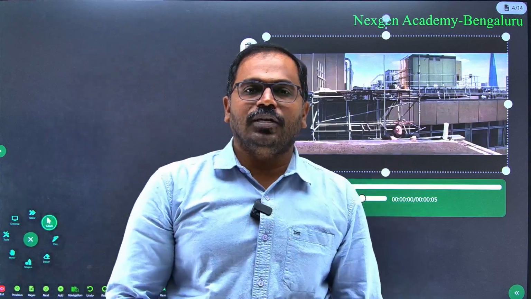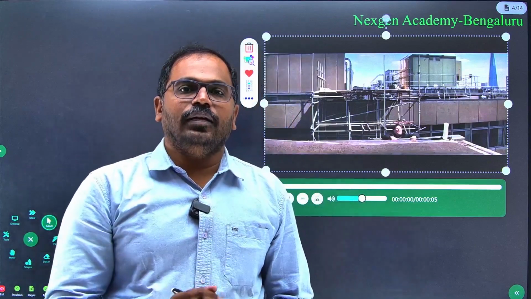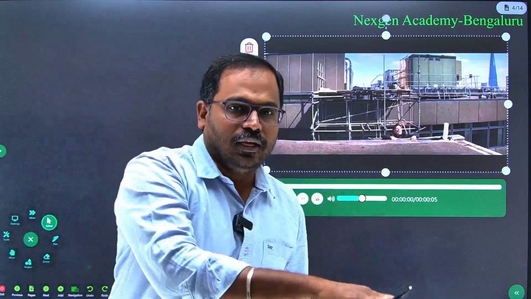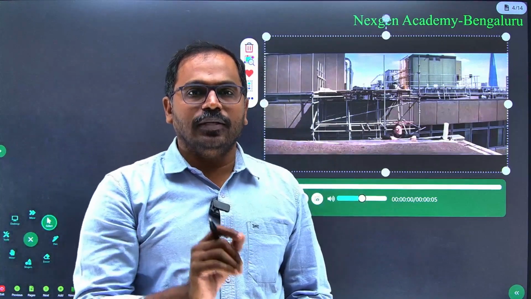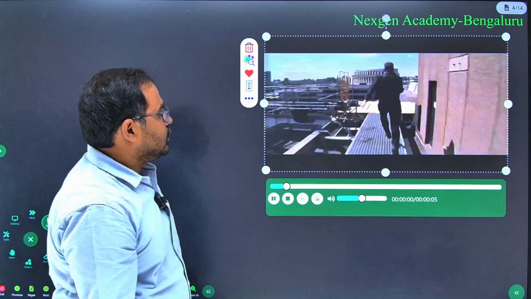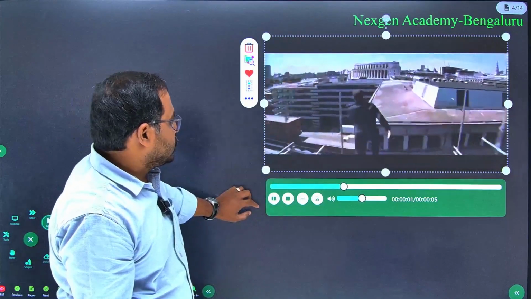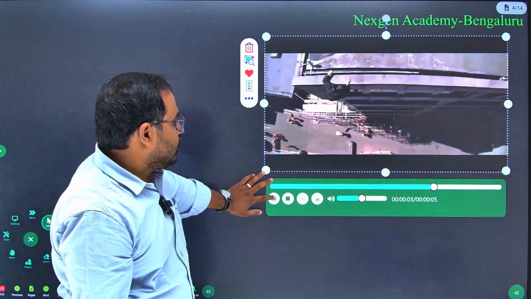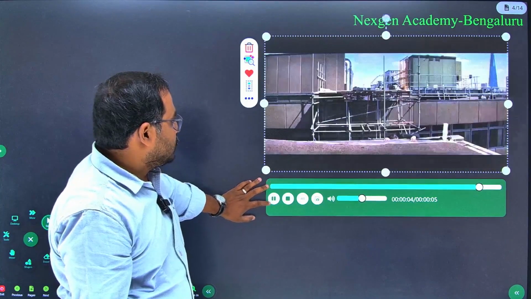Hero Tom Cruise jumps from one building to another building. There is a height difference: he jumps from a larger height to a smaller height building. Here they are also following this logic, horizontal projectile. Look at this. The hero is following a parabolic path, the horizontal projectile path.